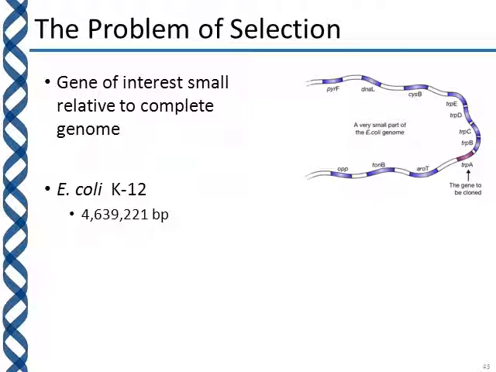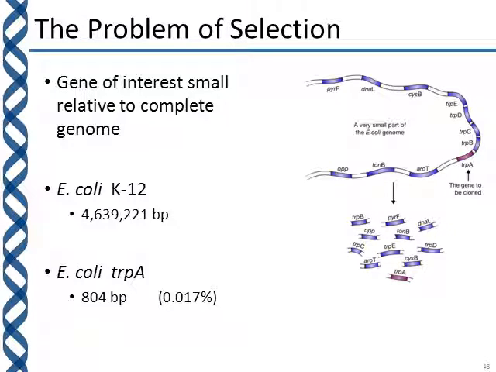And if you look at that and say, this is the gene that I want to clone, for example, the trpA, this is only 804 base pairs. That is approximately 0.017% of the total genome of the bacteria. So there are many more sequences that fall into the category of undesired. So how can we select or identify just one gene?